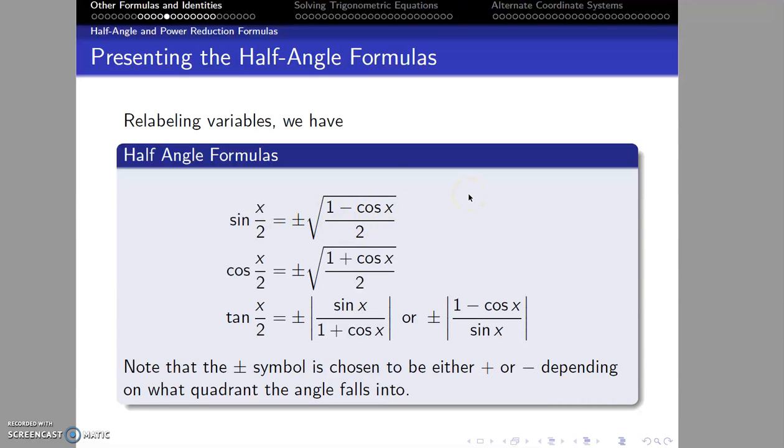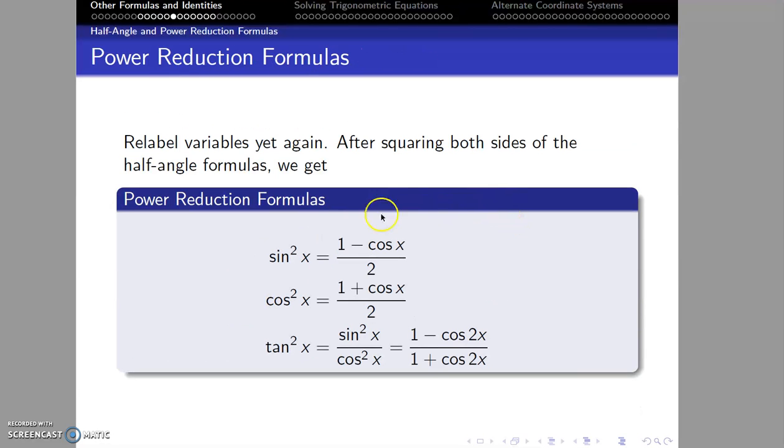And actually, if we had sine squared of x over 2 equaling 1 minus cosine of x over 2, with just a little bit of relabeling, we can turn that into what we'll call a power reduction formula. These formulas right here are all a consequence of squaring both sides of the half angle formulas.